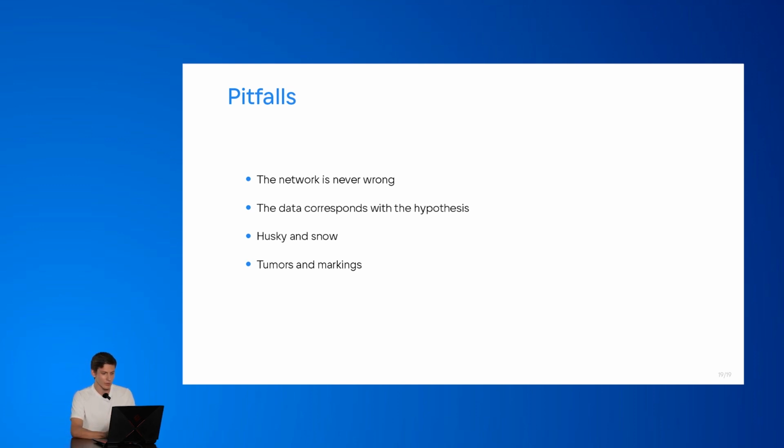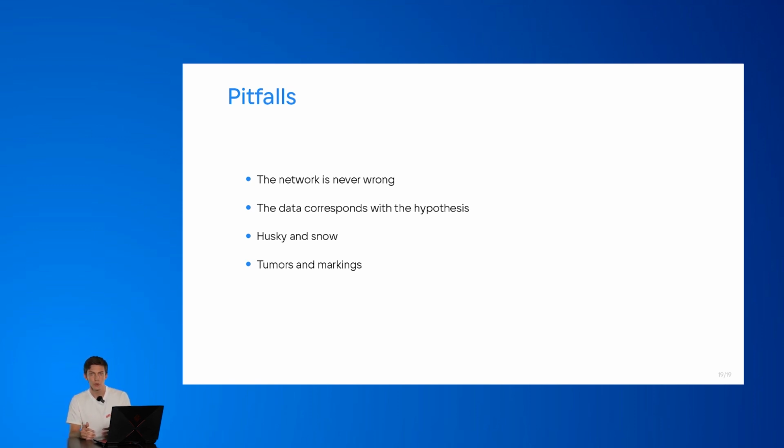The next one, we should remember that the data must match the size of our convolutional neural network. The larger the neural network, the more data will be required for training. The problem of Husky and Snow.